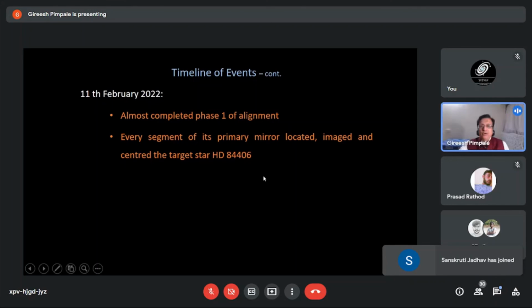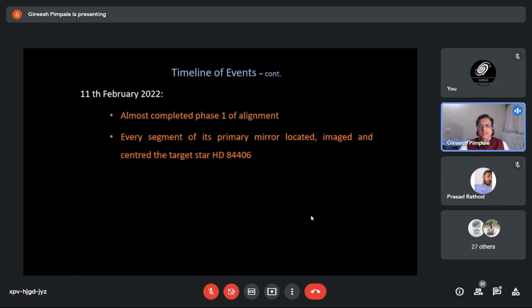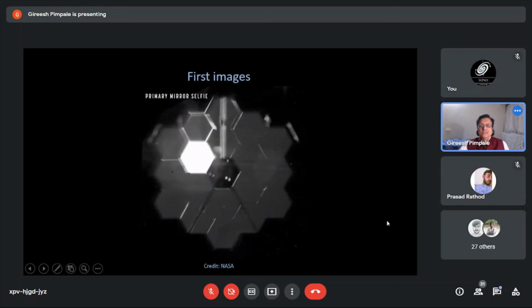It was a test, so some star was selected, and the primary mirror was taken in that direction. All of us have taken selfies many times, but this James Webb Telescope has also taken, the primary mirror has also taken its selfie. So this is the primary mirror selfie, and this image was sent on that day.